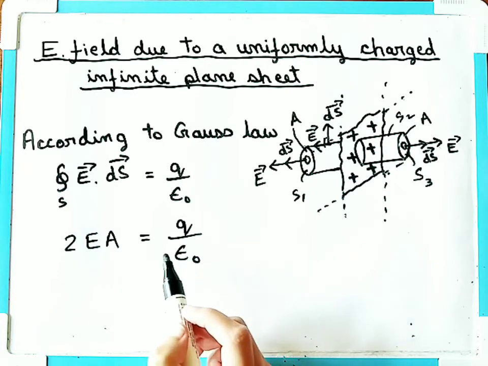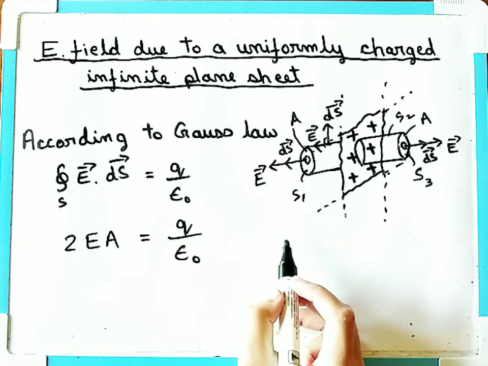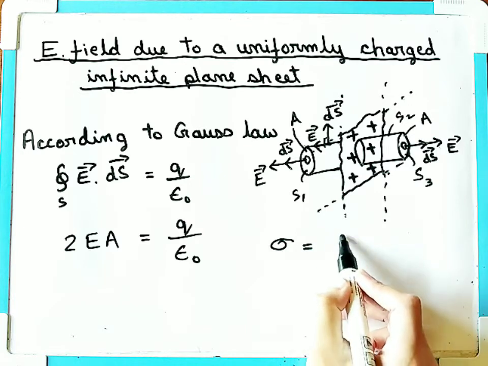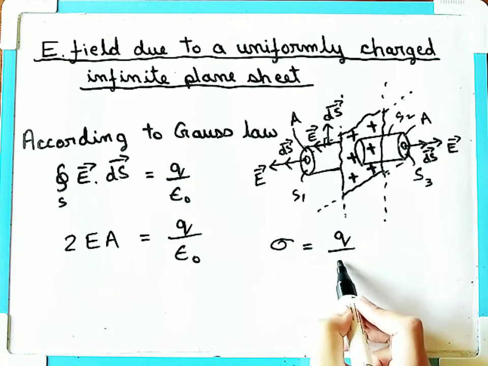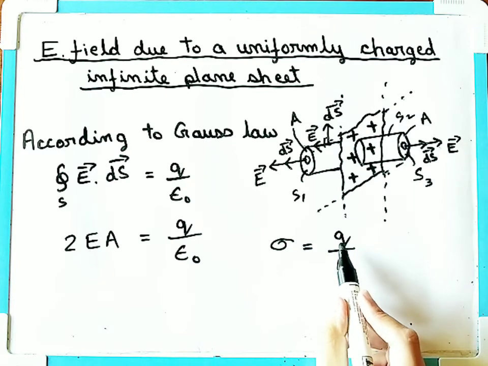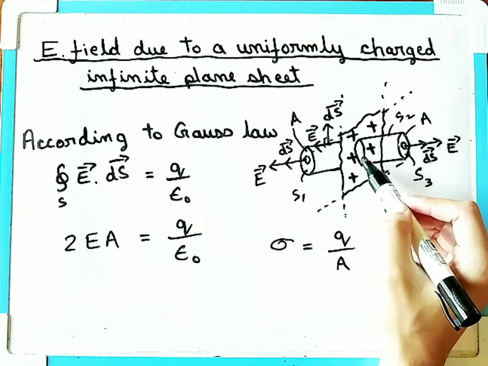Now I have to write this Q in terms of the surface charge density. The surface charge density, sigma, is equal to charge per unit area. And this charge Q is on this area here. So Q is the charge on this area.